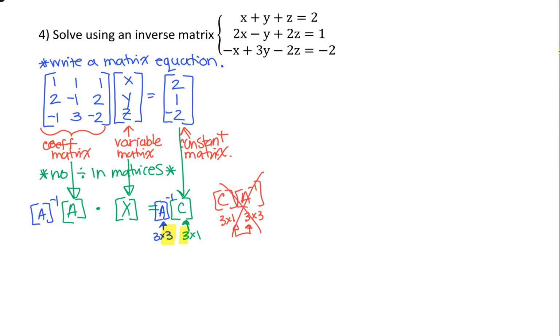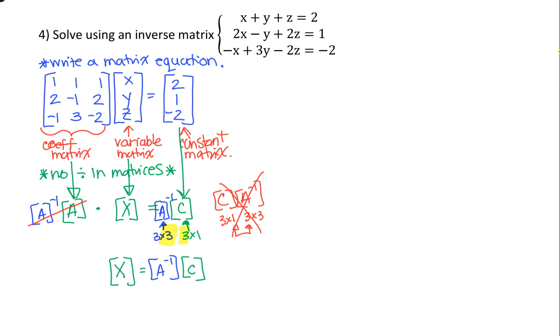But this does work, so A inverse is going to cancel matrix A, and the equation I'm left with is that my variable matrix X equals A inverse times matrix C.